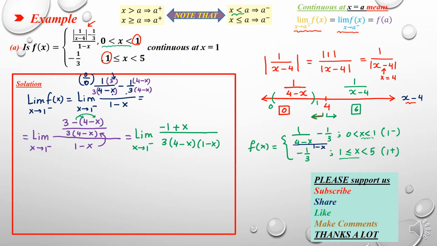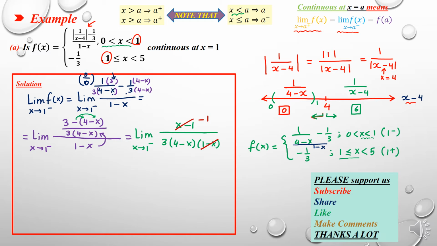Now you can write negative 1 plus x as x minus 1. We have here a common expression between numerator and denominator, so you can cancel 1 minus x with x minus 1 and you'll get negative 1.